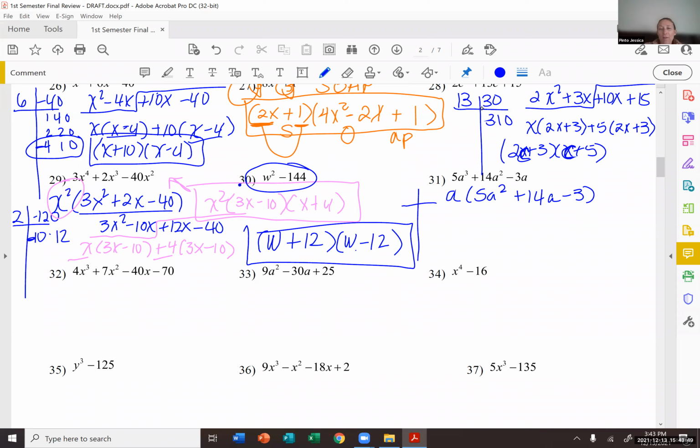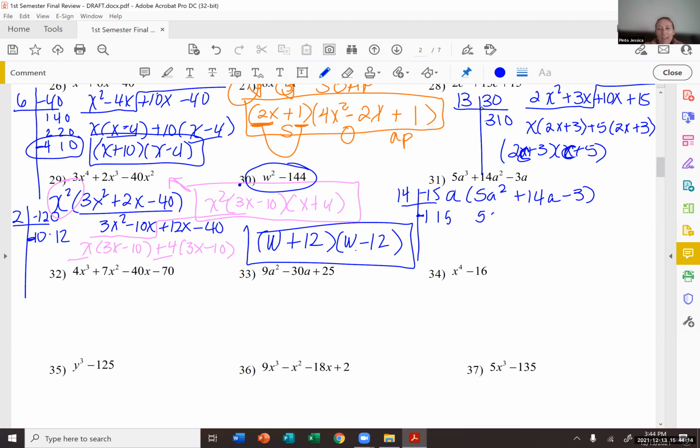I've got 14 as the b value, and then multiplying 5 and negative 3, I got negative 15. So I know it's 15 and 1. And I want them to multiply to a negative. So I'm going to turn the 1 negative so that it becomes positive 15 minus 1.